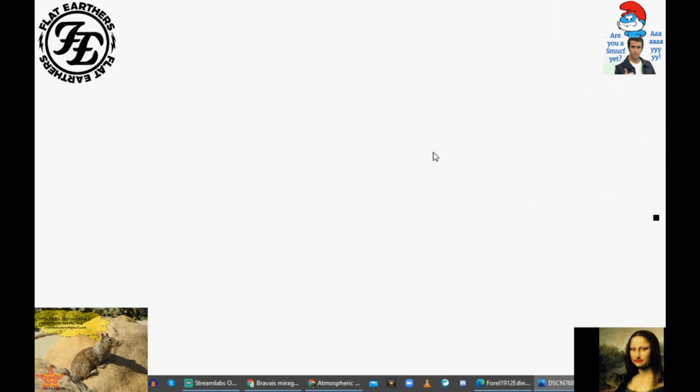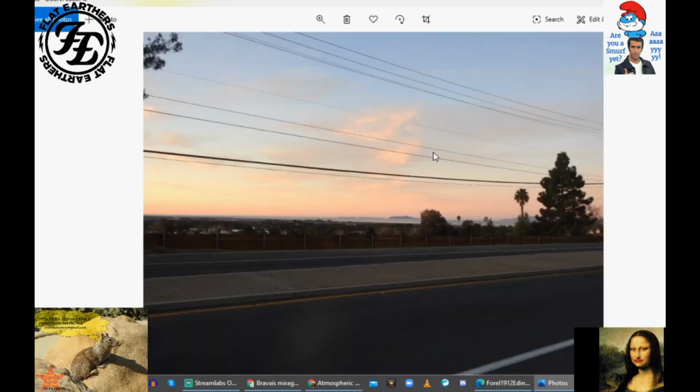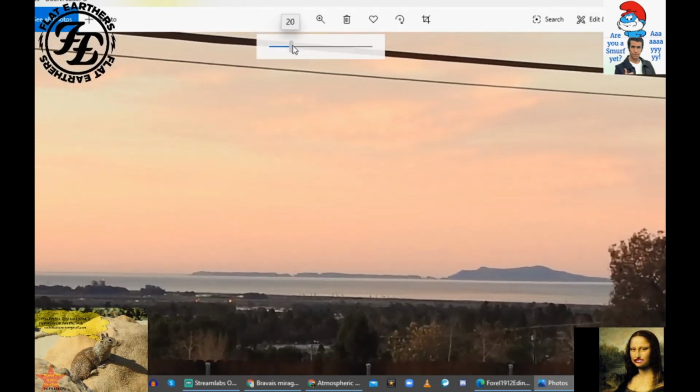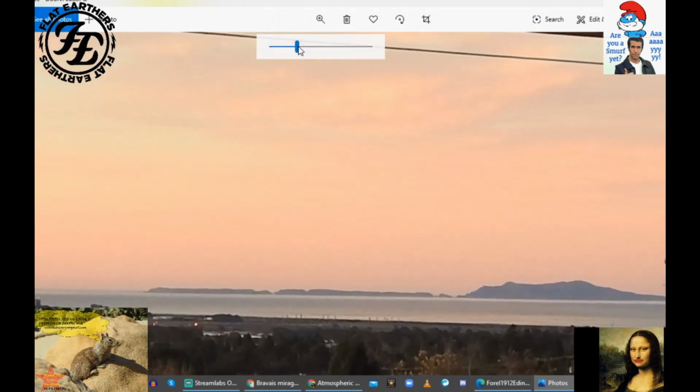Along with this is an elevated position inland, but I've got a great view of the Channel Islands, and I took a screenshot of my GPS. All right, so we're going to zoom in. Okay, so you can see the Channel Islands here.